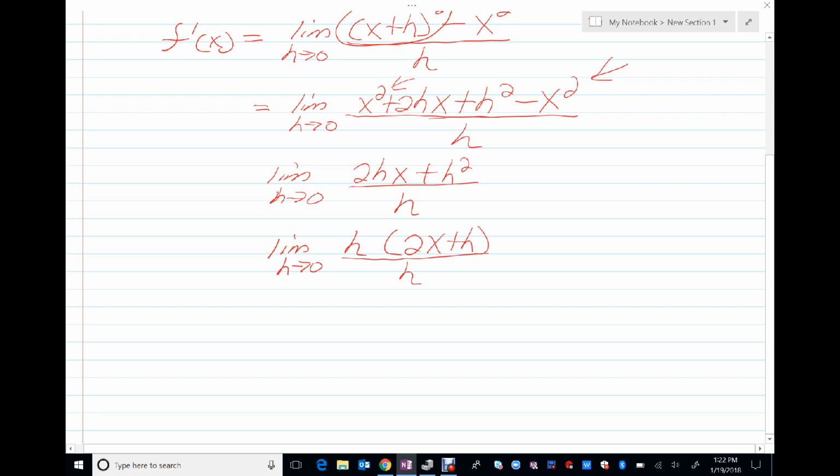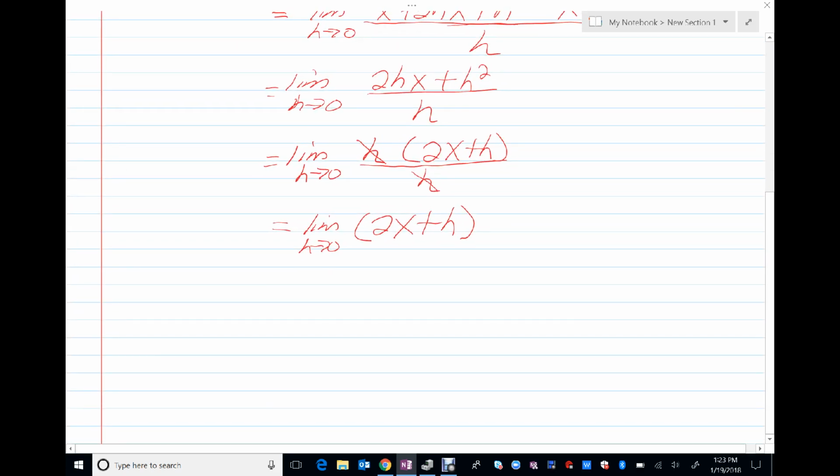Notice I have an h on top and bottom that can reduce out, technically giving us a different function, but it's equal everywhere except for possibly at h equals 0. So I now have an object where I can use direct substitution, and I will come up with my final answer by plugging in 0 for h.